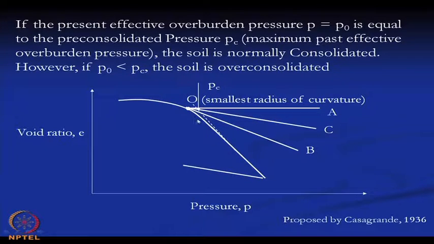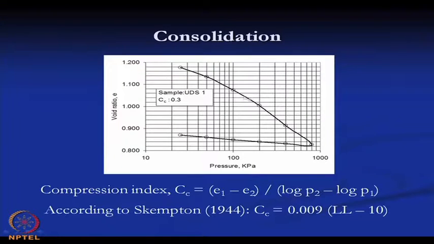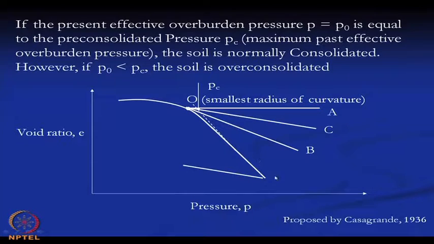Now, this is a typical loading path and this is the unloading path. From this loading path we have to identify a point O which has the smallest radius of curvature. Now, from here we can see the different curvature, and we will get a point O here which has the smallest radius of curvature.